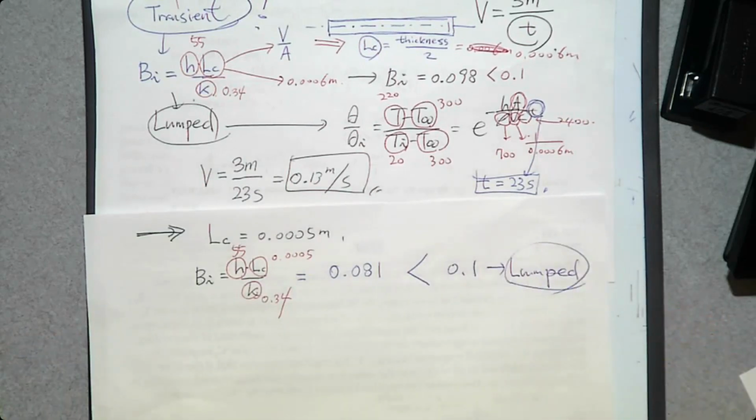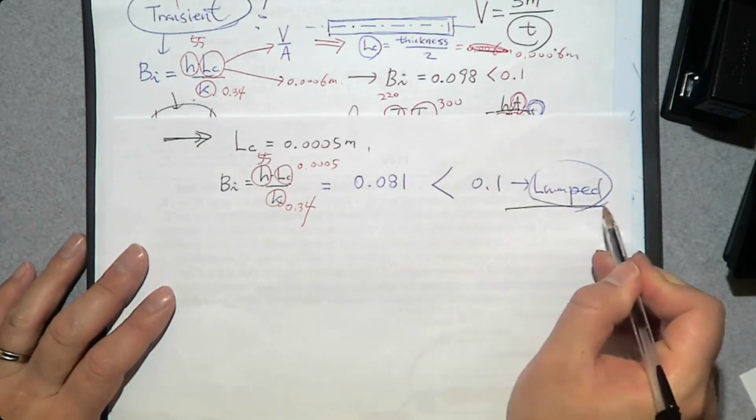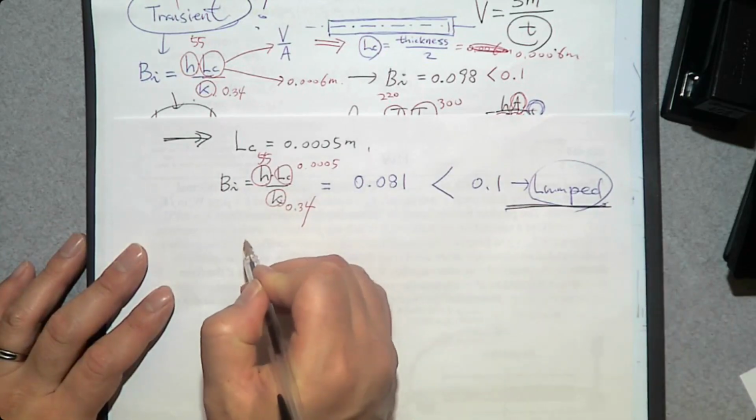When you solve a transient conduction problem, if you see the Biot number is greater than 0.1, you won't be happy when we go to the approximate solution. I'm pretty sure that you won't be happy. It's so complicated. Anyway, now we know it's a lumped system, so let's use the same equation.